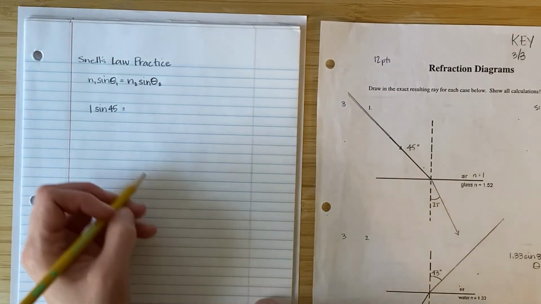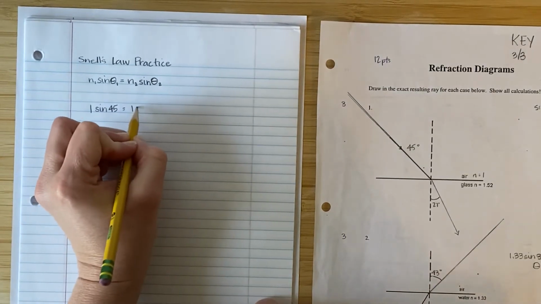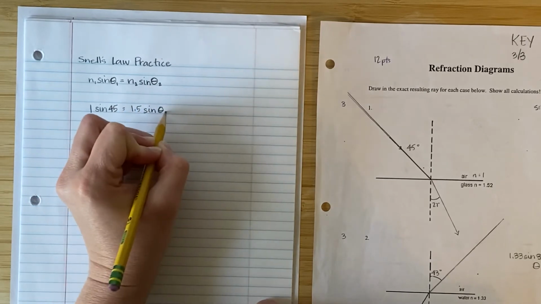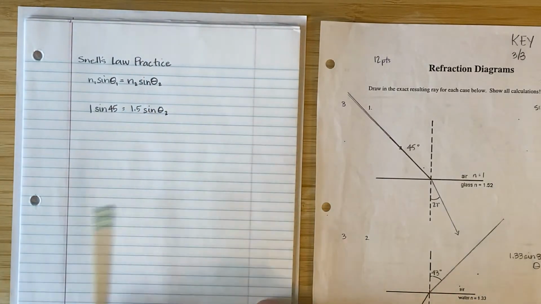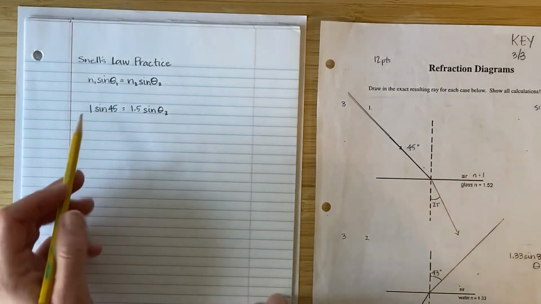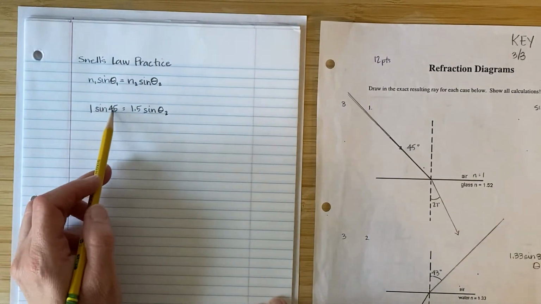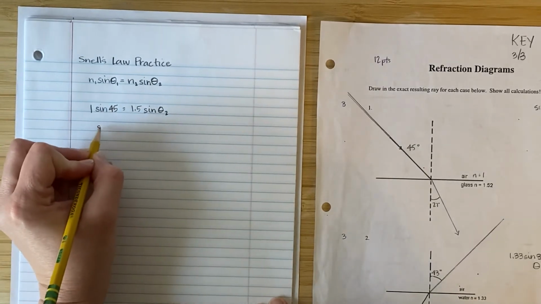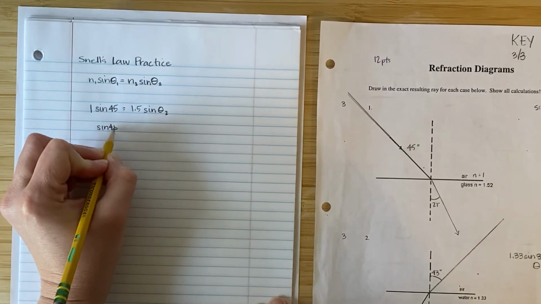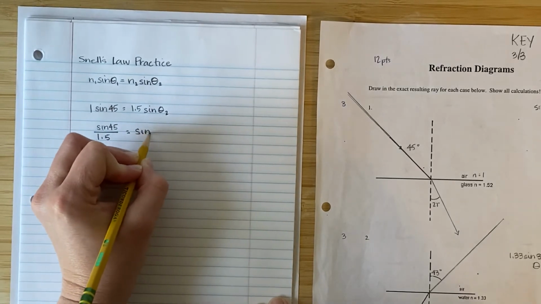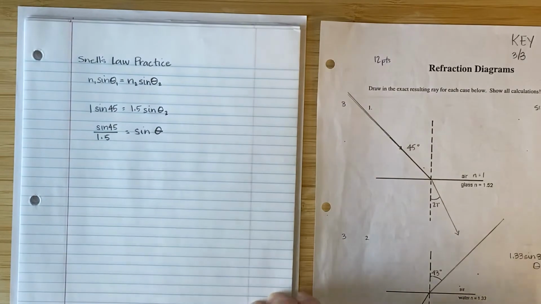So the index of refraction for glass, 1.52, multiplied by the sine of angle 2. So we're looking for that angle 2. So let's do some algebra. We'll take 1 times sine of 45, so that's just the sine of 45, and divide it by 1.52. That's going to be equal to the sine of this angle.